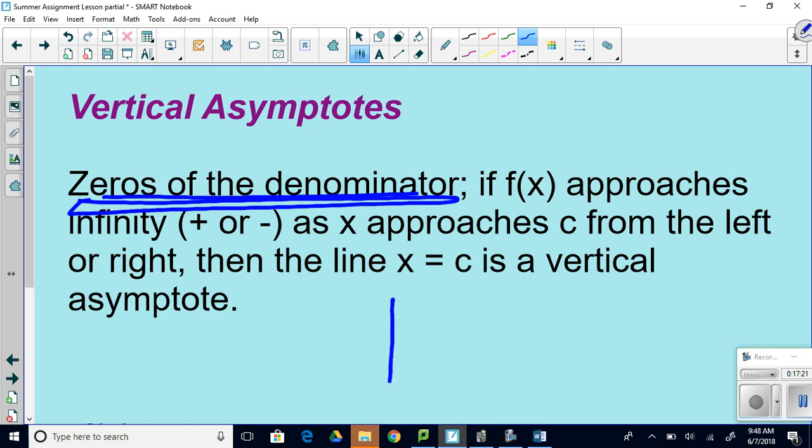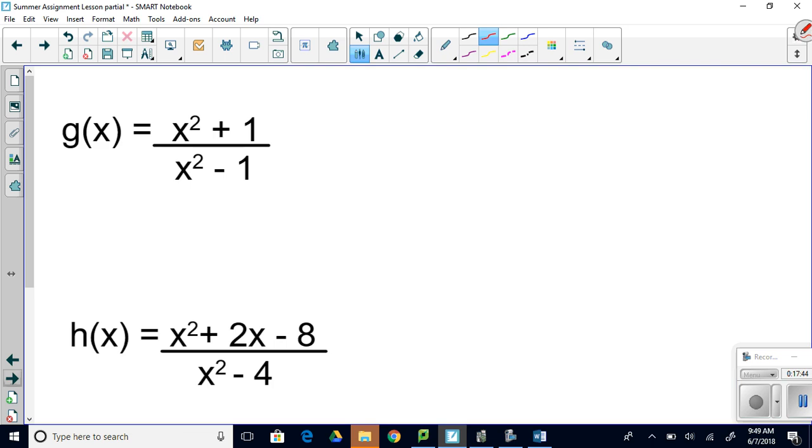So when we have our graphs, we're adding to our definition: when we go from the left or from the right, and it's going to negative infinity or positive infinity, then there's our vertical asymptote. So that's adding to our definition of vertical asymptotes.